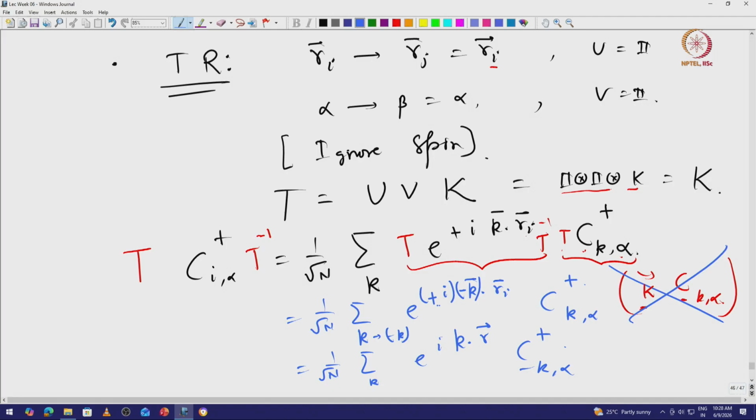So, under complex conjugation, C dagger won't change to C. A creation operator remains a creation operator. This is something you can keep in mind.